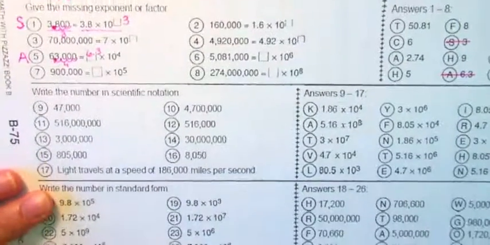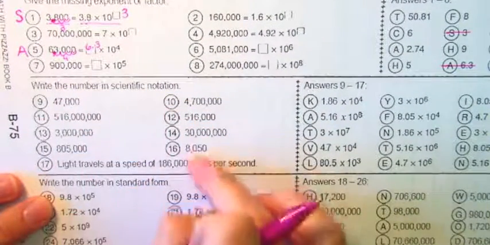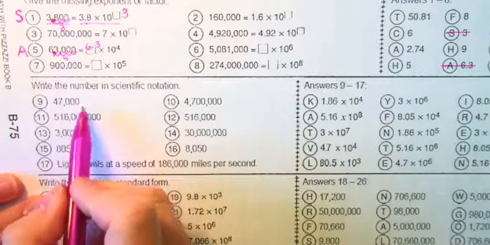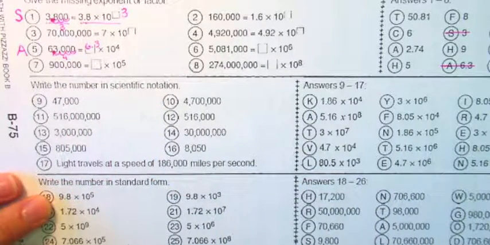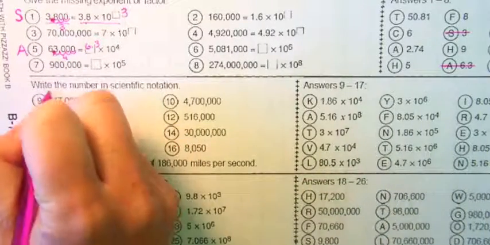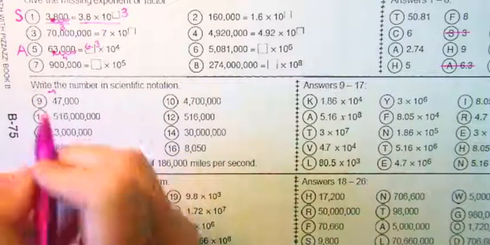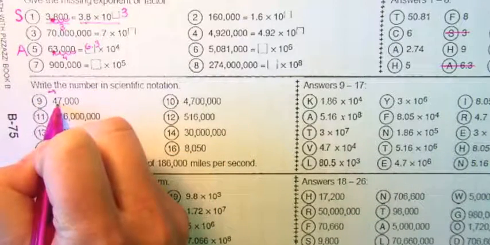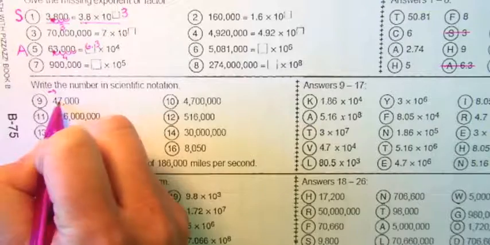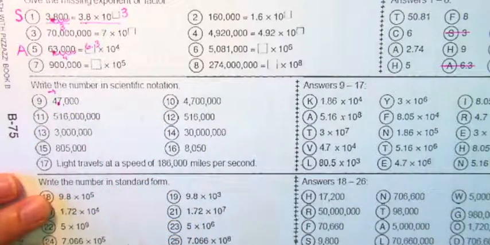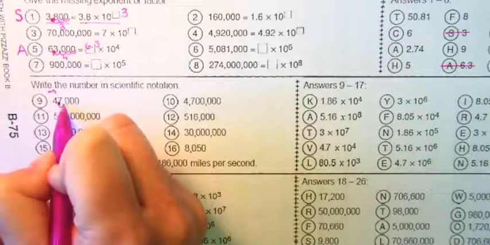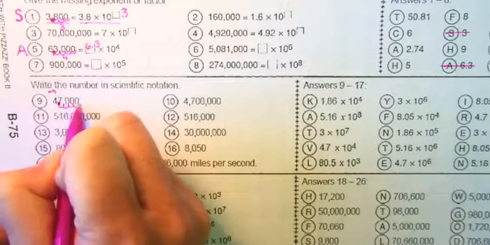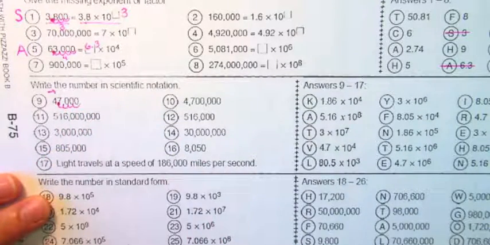So then when I go down to the next section, I have to take each of these numbers and put them in scientific notation. So once again, I read left to right. The first number I come to that's not a 0 is a 4, so behind the 4, I put my decimal, and I'm going to count 1, 2, 3, 4 spots.